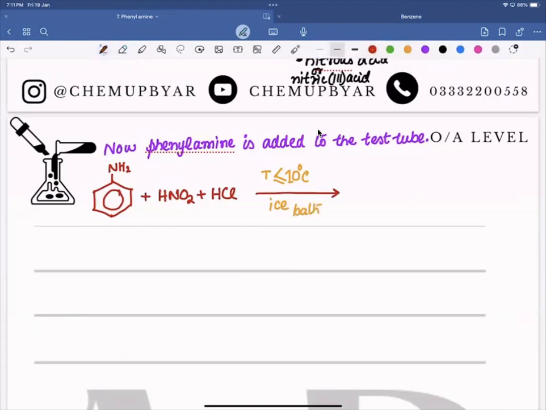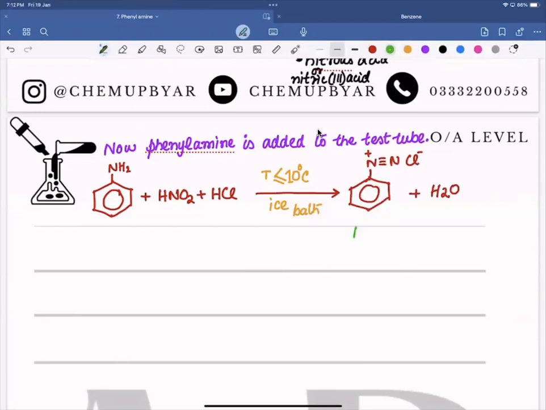So this amine group on the benzene ring turns into this, and that's why it is called diazonium. It's a diazonium ion, and if we attach a chloride, we call it diazonium chloride. H2O will form as well.